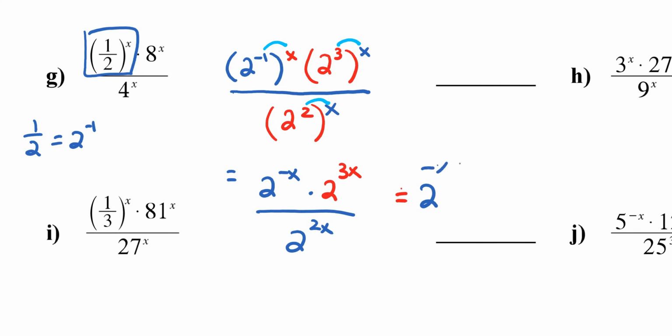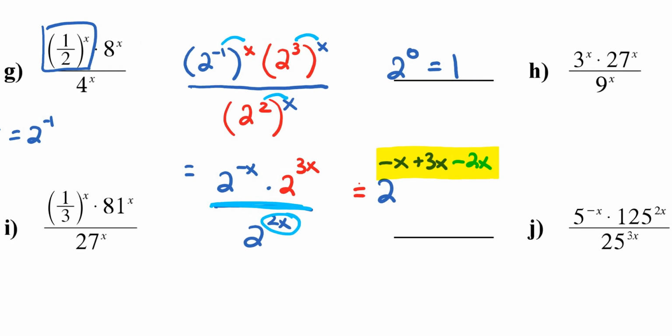So this will be -x plus 3x. And since we're dividing, we subtract, so that's going to be -2x. Negative x plus 3x minus 2x is going to be 0. So this is going to be 2 to the power 0, which is equal to 1. All right, so quite a bit of work on that one.